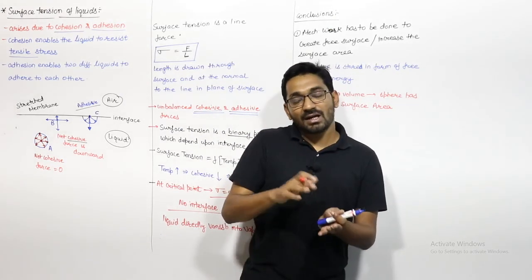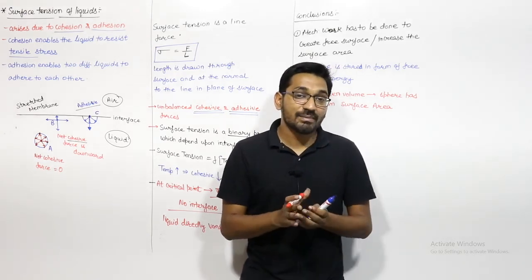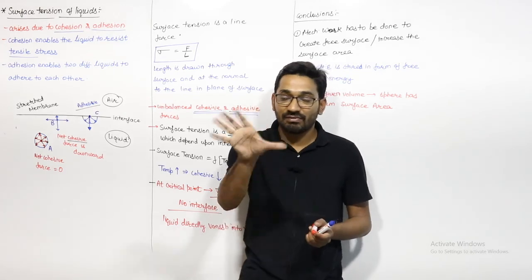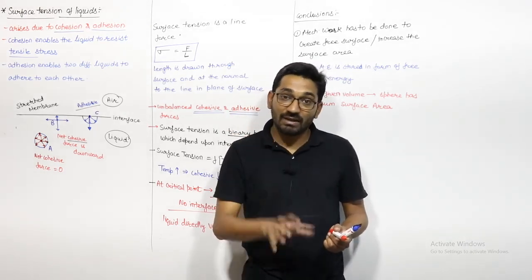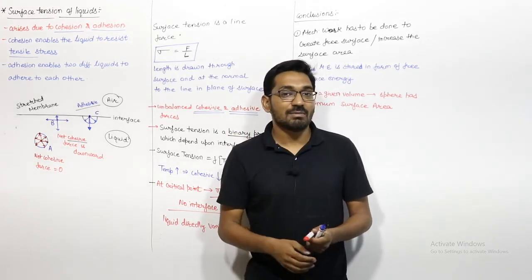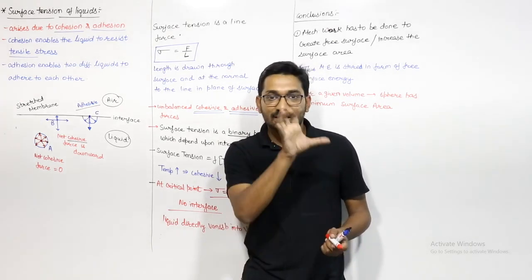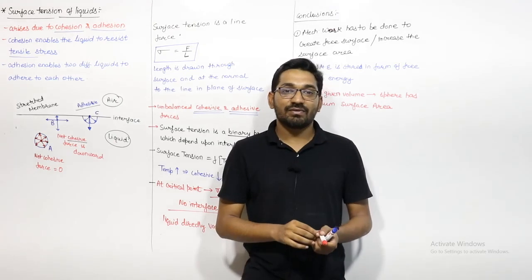And we want the liquid to have the minimum surface energy. The minimum surface energy will be possible if the surface area is minimum. So for a given volume, the sphere will have the minimum surface area, so the sphere surface will have the minimum surface energy.